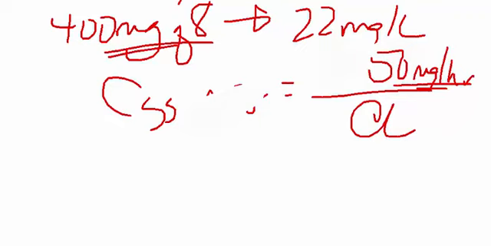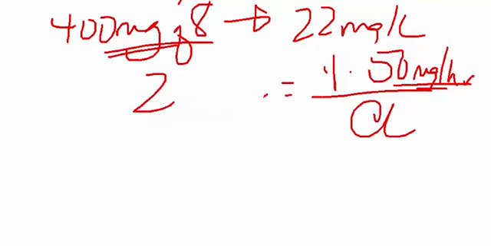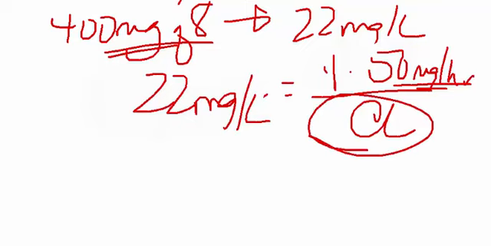We know the bioavailability is 1, and we ended up with a Css average of not 12.5 as we predicted, but 22 milligrams per liter. We can calculate what our patient's clearance is, right? It's going to be 50 divided by 22. And what happens with the units?